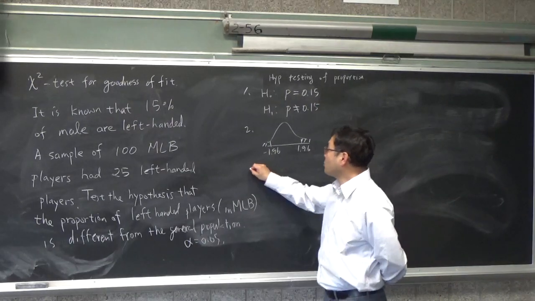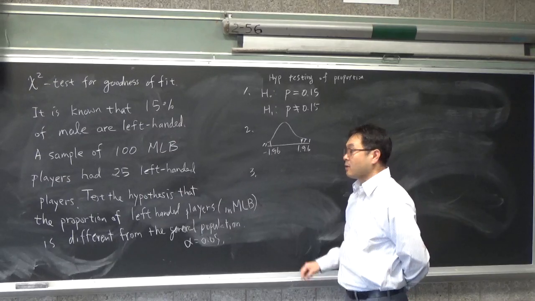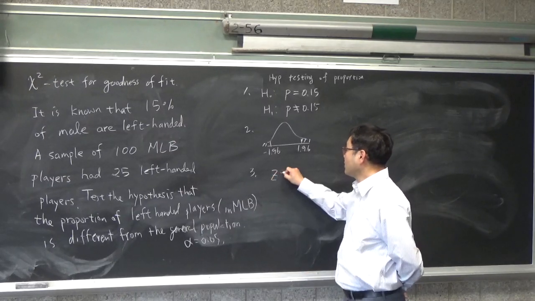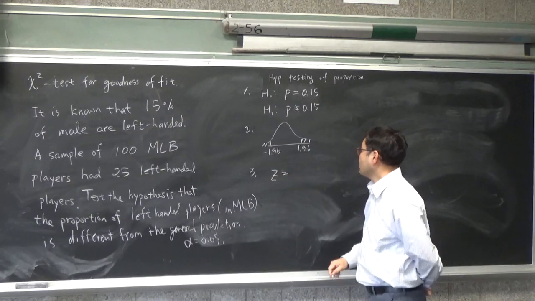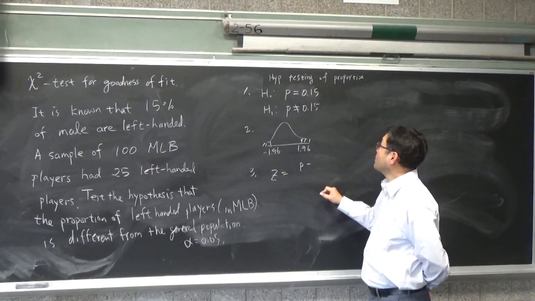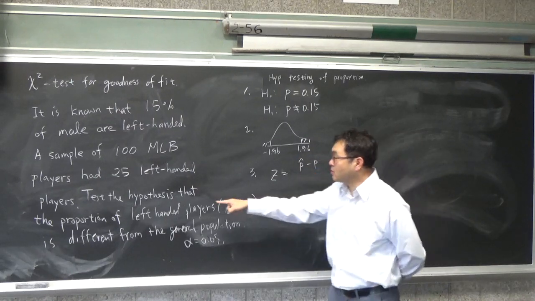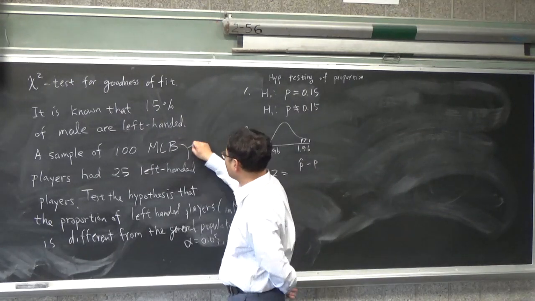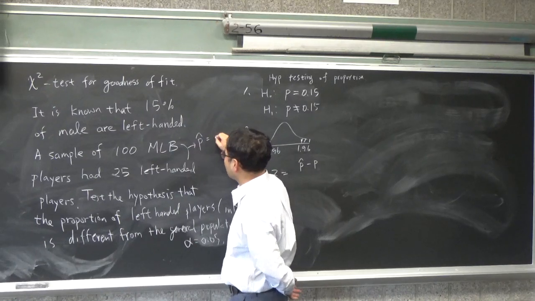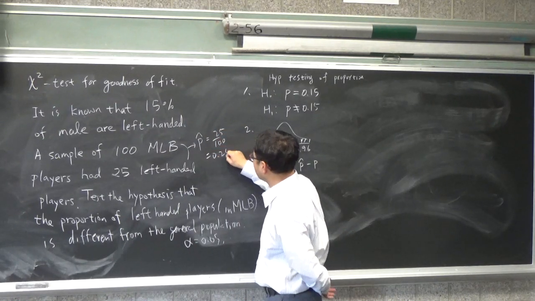And then for step three, we'll be using the test statistic as P hat minus P, where P hat is the proportion that we got. So from here we know that P hat is equal to 25 over 100, which is 0.25, right?